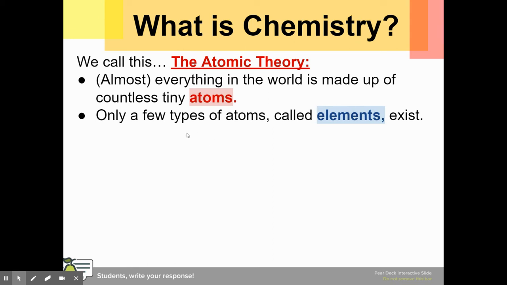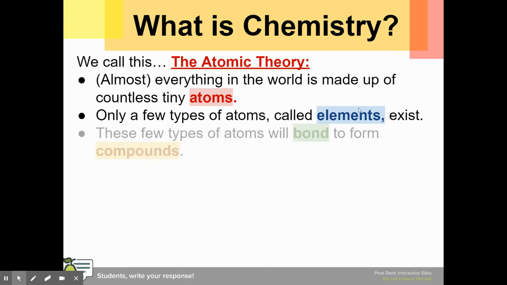All right, these are all elements. Some things that you're familiar with are not elements. Water, for example, is not an element. Water is a cluster of atoms. It's called a compound. Water is made of two hydrogen atoms and an oxygen atom that have bonded together. That's why the other name of water is H2O.